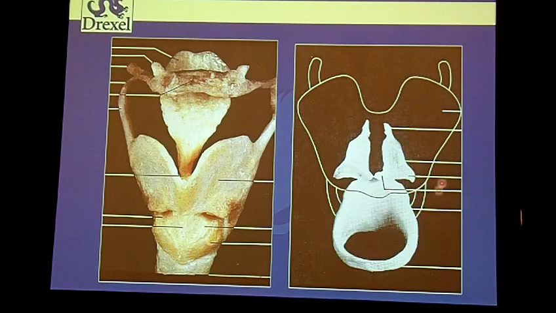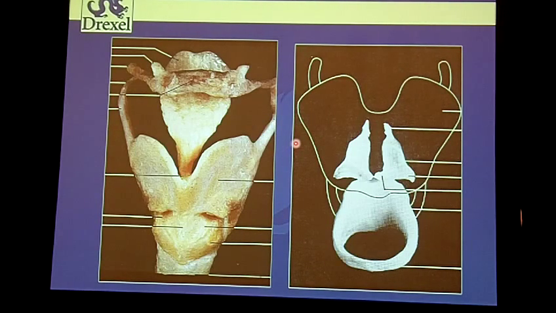Here we see the cricothyroid membrane removed. This area is artificially widened a little bit, and see the signet ring-shaped cricoid cartilage, and atop it, the pyramidal arytenoid cartilages with their vocal processes, muscular processes, and apices.